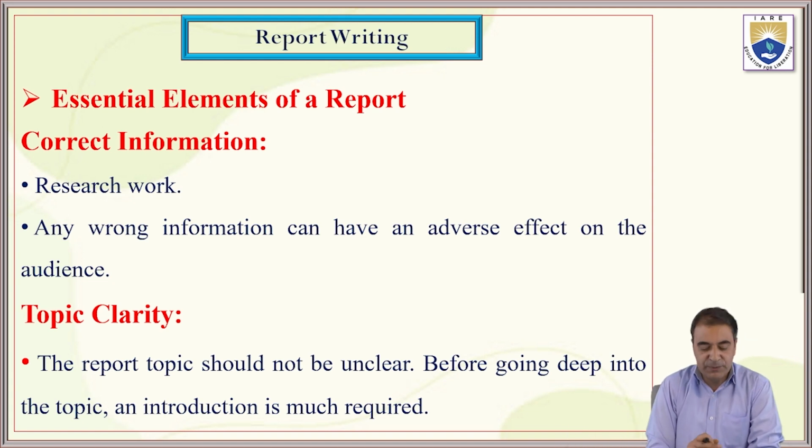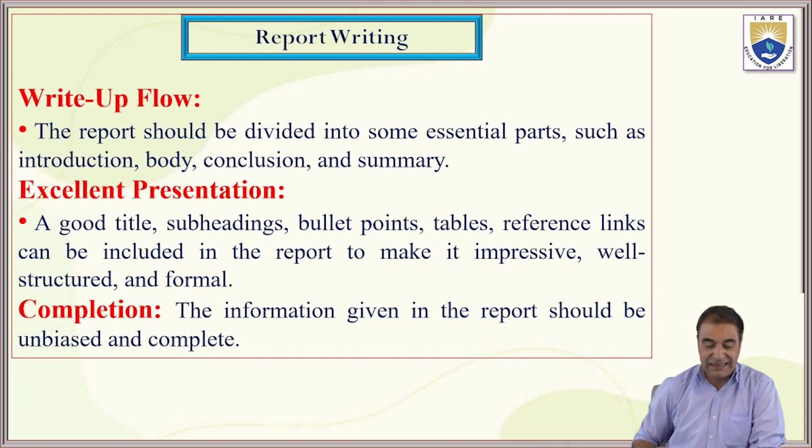That's why we say the report topic should not be unclear. There should not be ambiguity in the topic. It should be straightforward, to the point, lucid and clear. Before going deep into the topic, an introduction just introduces the topic in any report. Therefore, there must be topic clarity.